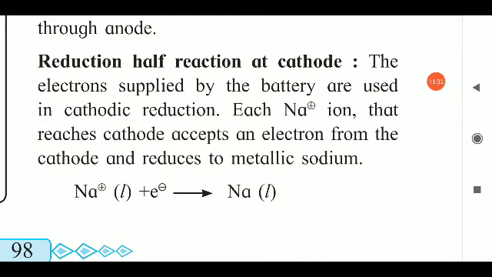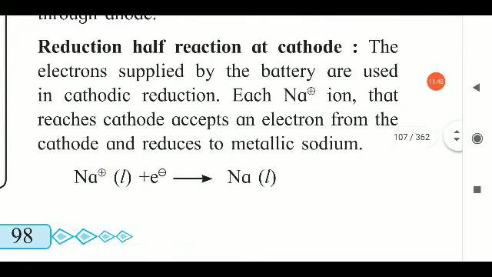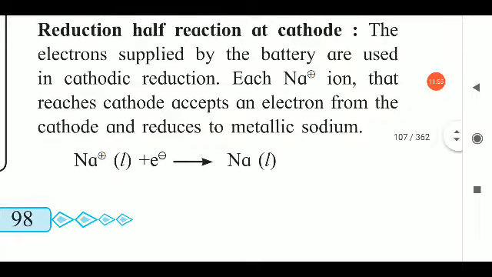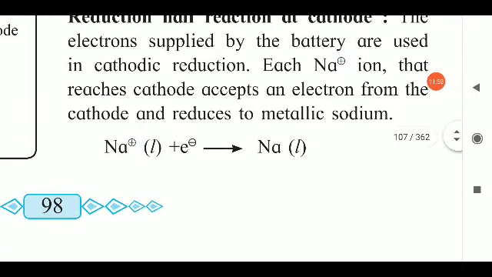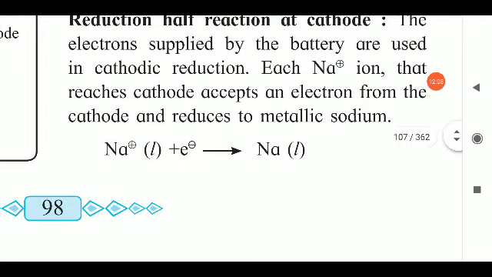The electrons supplied by the battery are used in cathodic reduction. Each Na+ ion that reaches the cathode accepts an electron from the cathode and is reduced to metallic sodium. Na+ plus an electron combine to form stable sodium.